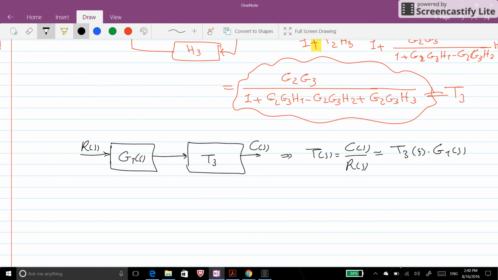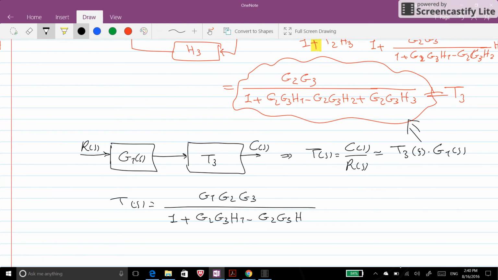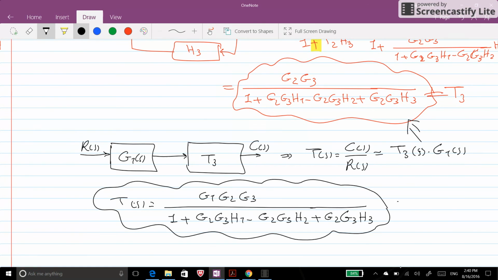And if we replace T3 with the expression from here, we will get T of S equal to G1 G2 G3 divided by 1 plus G2 G3 H1 minus G2 G3 H2 plus G2 G3 H3. And the whole block diagram is reduced to this situation.